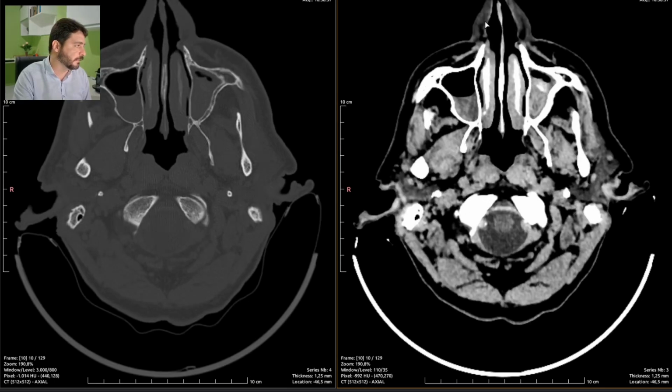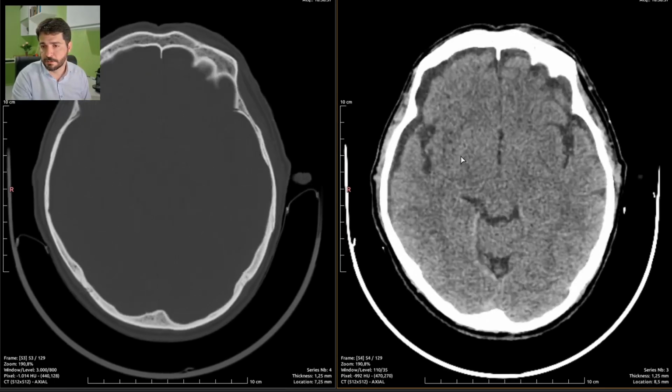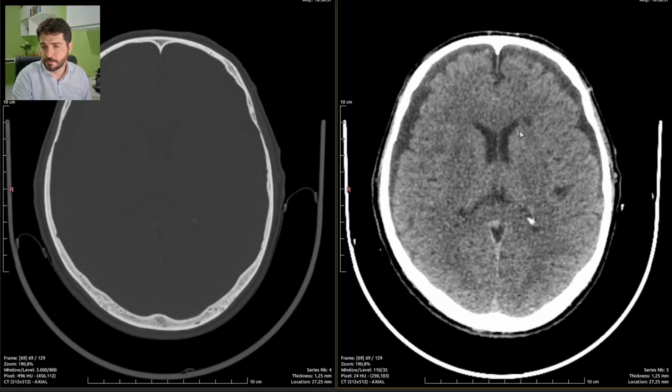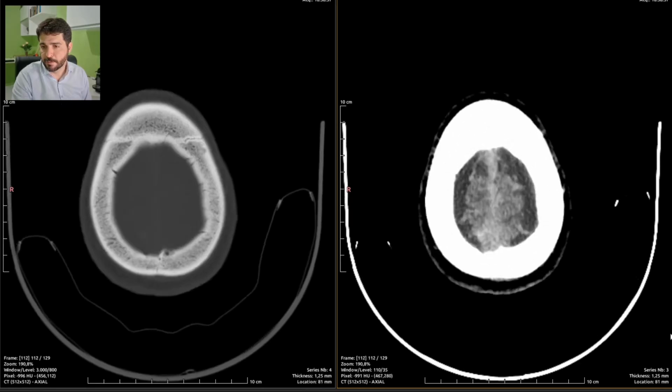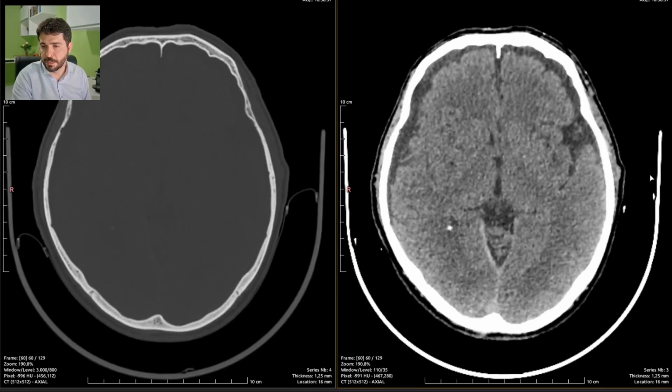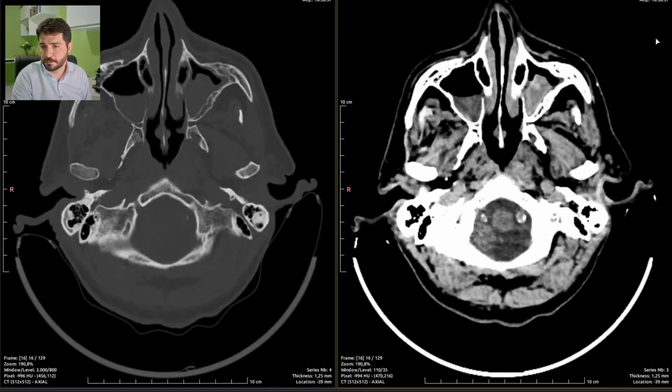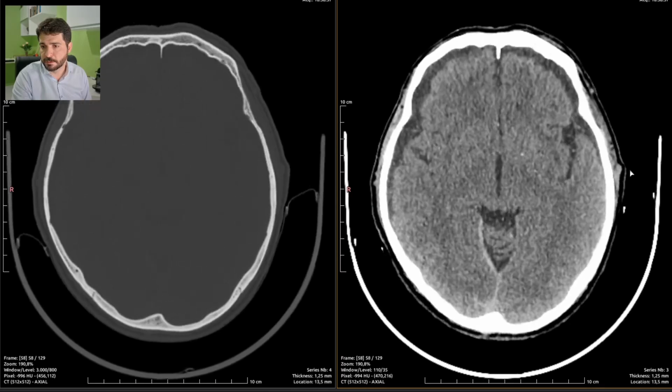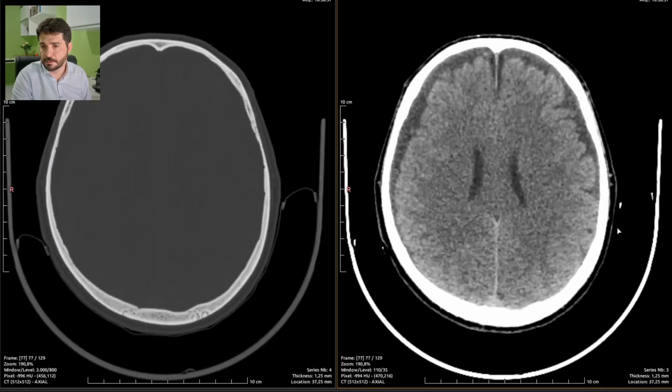He is 71 years of age. This is a really normal brain parenchyma, not much volume loss.